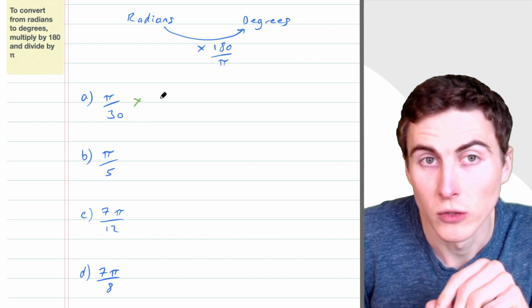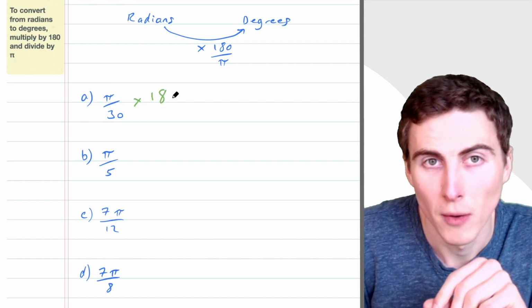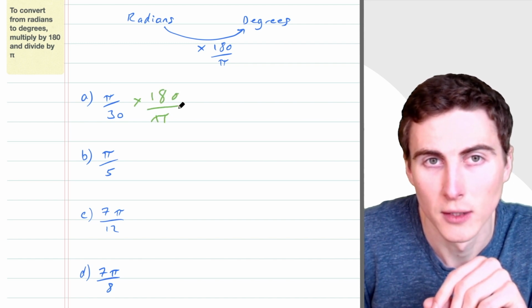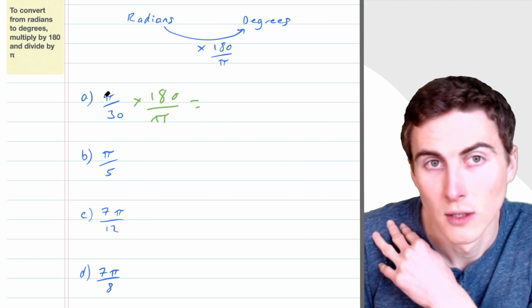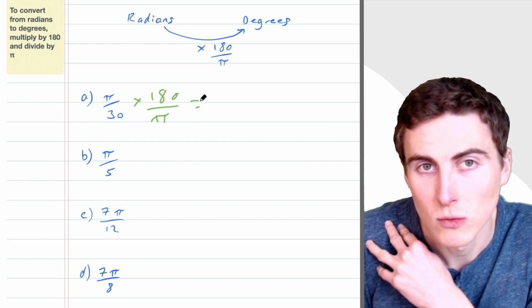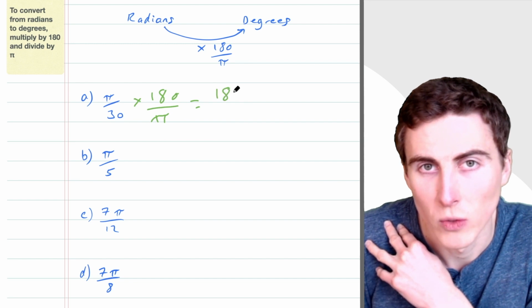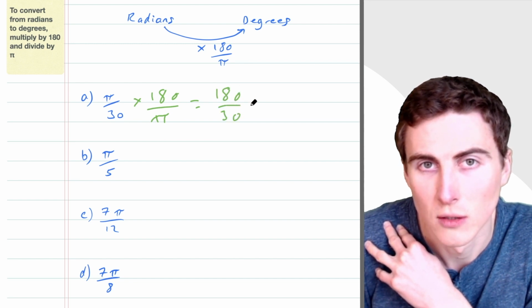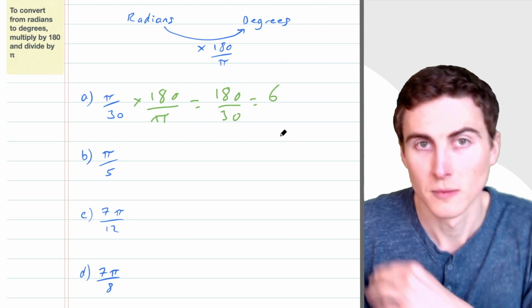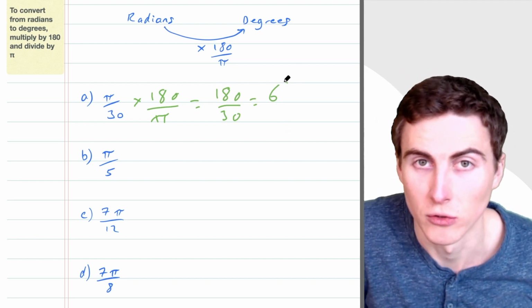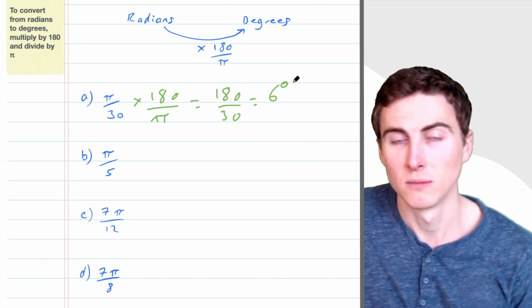All we do here is multiply this by 180 over pi. The pi's will cancel out, and we'll be left with 180 over 30, which is 6. So it's 6 degrees. We can put the little degree symbol up here. That's it, 6 degrees.